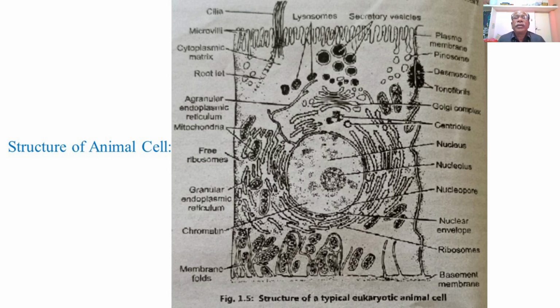There are more than 5,000 components present in the cytoplasmic matrix.